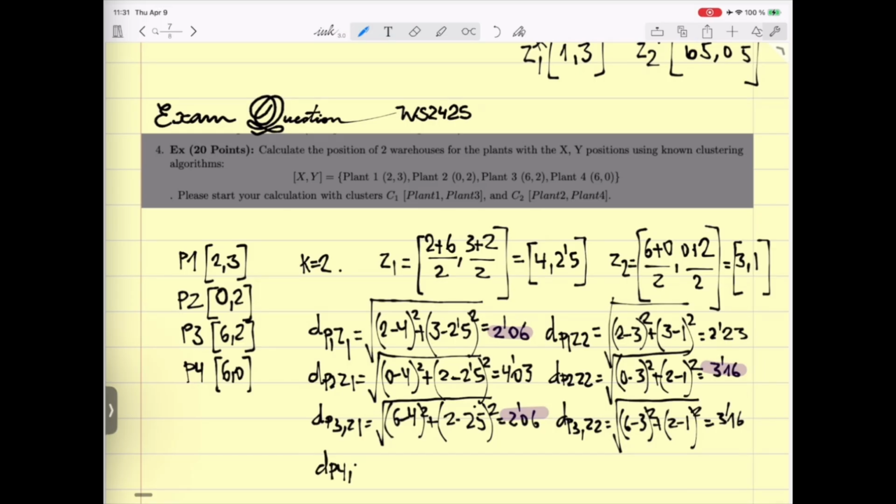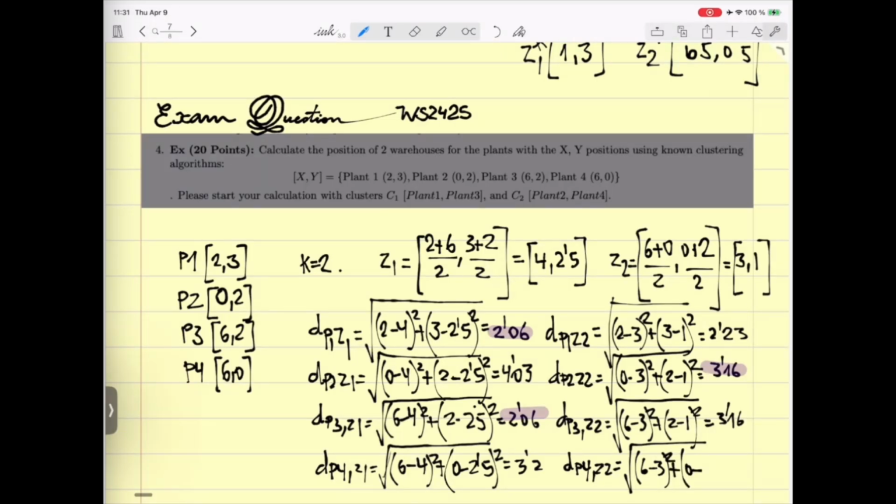So P4 to Z1 is the square root of 6 minus 4 squared plus 0 minus 2.5 squared. That's 4 plus 6.25, square root of 10.25 is 3.2, and then P4 to Z2 is equal to 6 minus 3 squared plus 0 minus 1 squared, which is going to be 3.16 again.